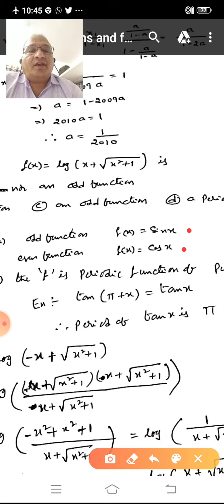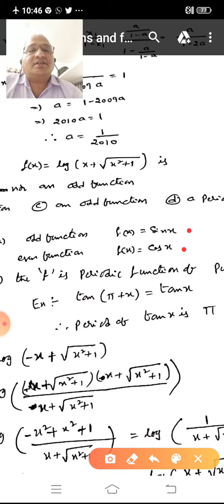So f of minus x, when you take sin x, sin of minus x is minus sin x, therefore sin x is an odd function. Cos of minus x is equal to cos x, therefore cos x is an even function.